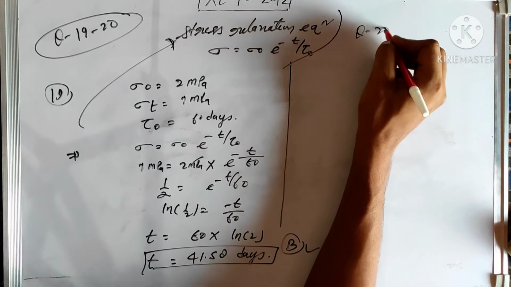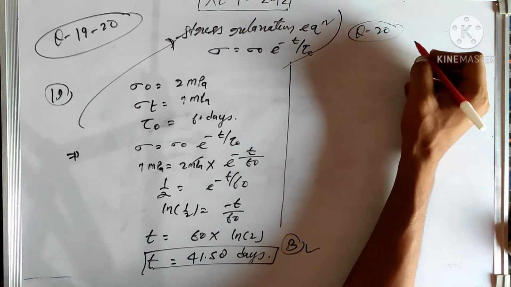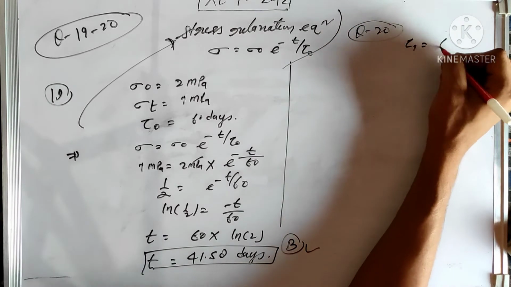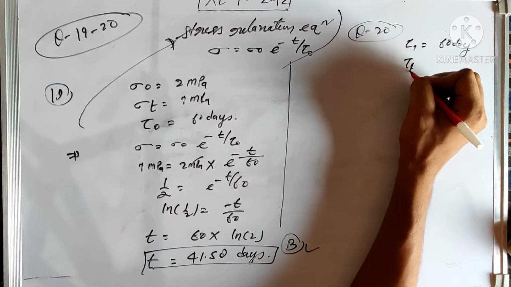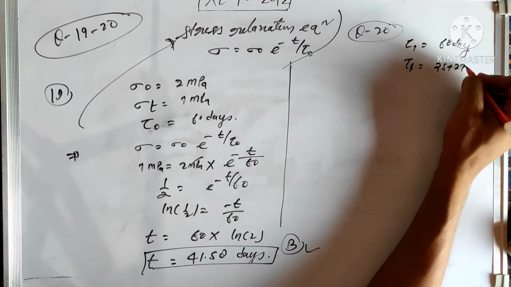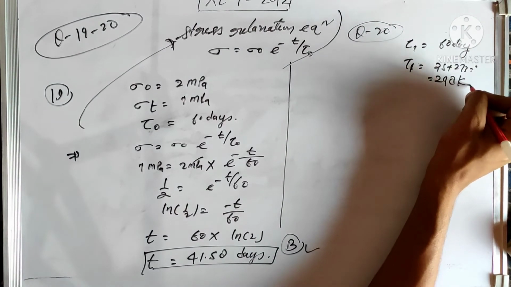In question number 20, given that the stress relaxation time at a temperature T1 is equal to 60 days, and T1 is equal to 25 plus 273, which is equal to 298 Kelvin.